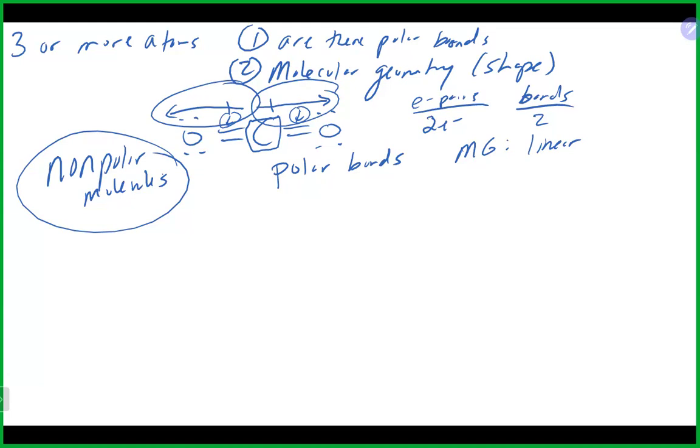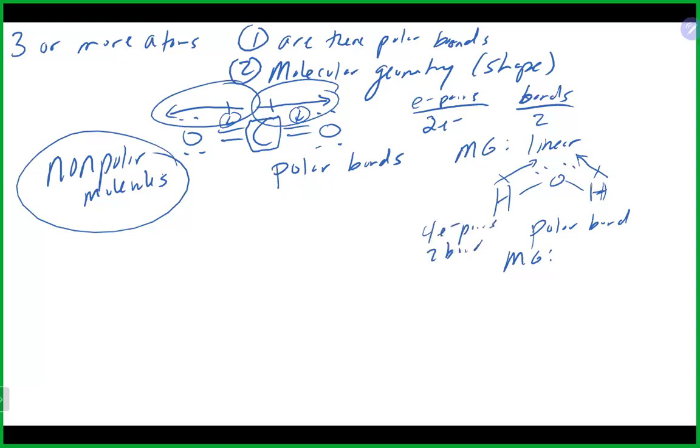Now, if you look at something like water, which also has polar bonds heading towards the oxygens, the geometry of this, as we just did a second ago, is 4 electron pairs and 2 bonds.